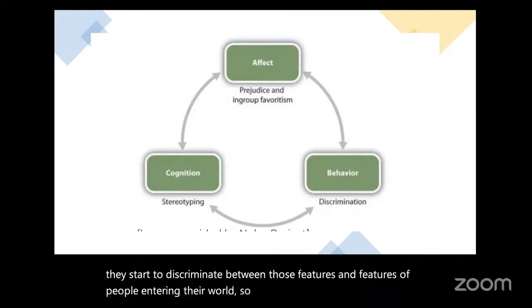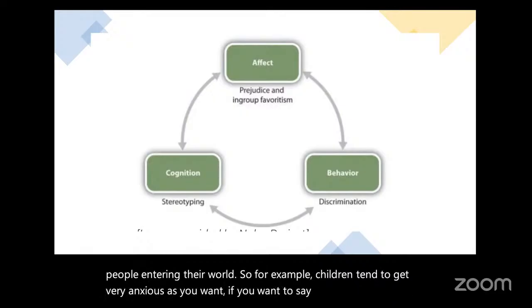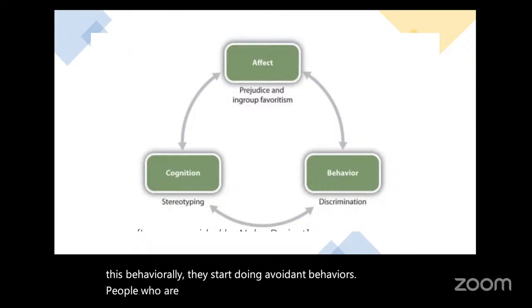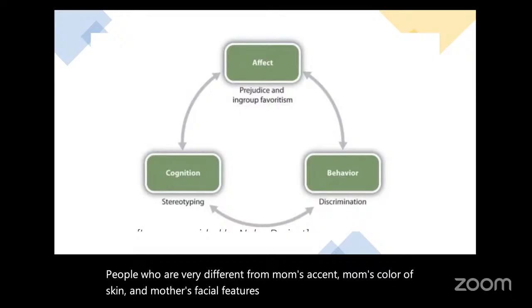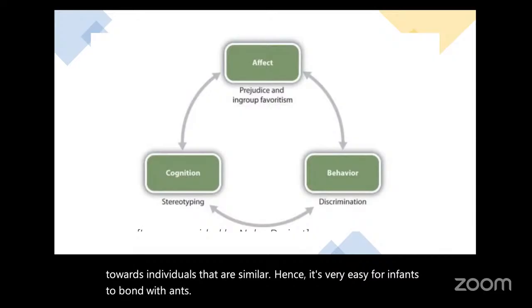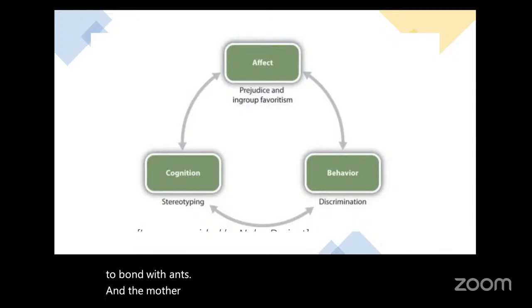So, for example, children tend to get very anxious, if you want to say it. In infants, we watch this behaviorally. They start doing avoidant behaviors with people who are very different from mom's accent, mom's color of skin, and mother's facial features. Okay. And they will be drawn towards individuals that are similar. Hence, it's very easy for infants to bond with aunts and the mother's brother, so that uncle on the mother's side.